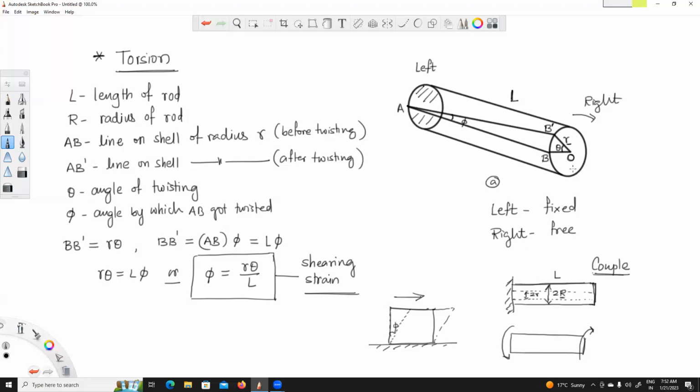Similarly, it is just kind of in 3D, and our circular cross section, these points on the circular cross section are getting twisted and assuming new positions, so we can call this phi angle the shearing strain.